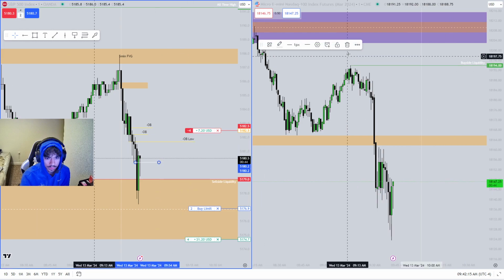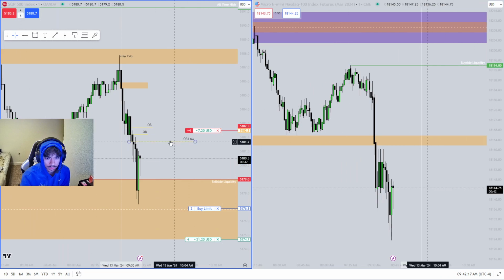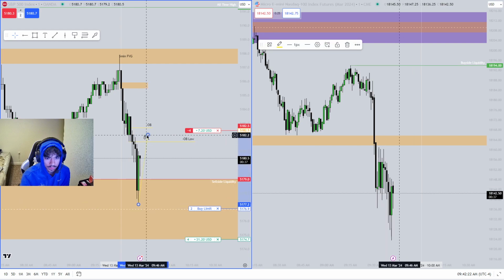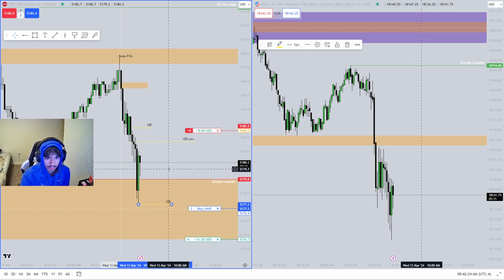Okay, no biggie. Now we want to see if price wants to reach all the way back down here. We need consecutive down close candles.